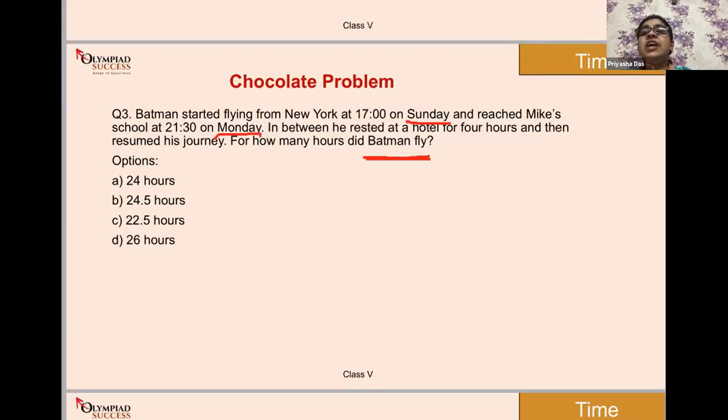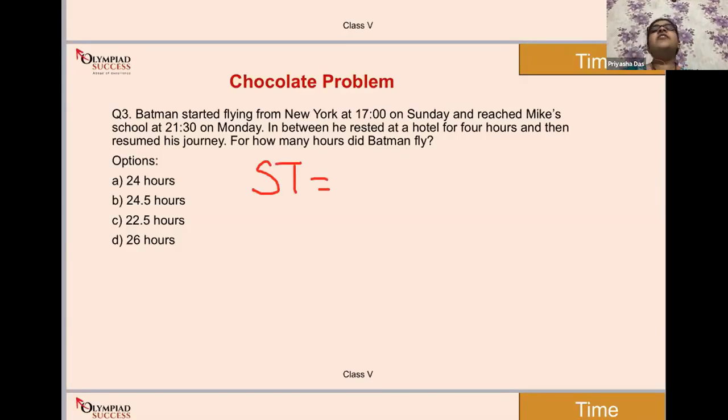Yes, Praveen. If you can't understand, then let us solve it together. Batman is starting to fly from New York. And what is the start time, students? At least let us solve it part by part. The start time is 17, that is 5 p.m. exactly. But on which day?